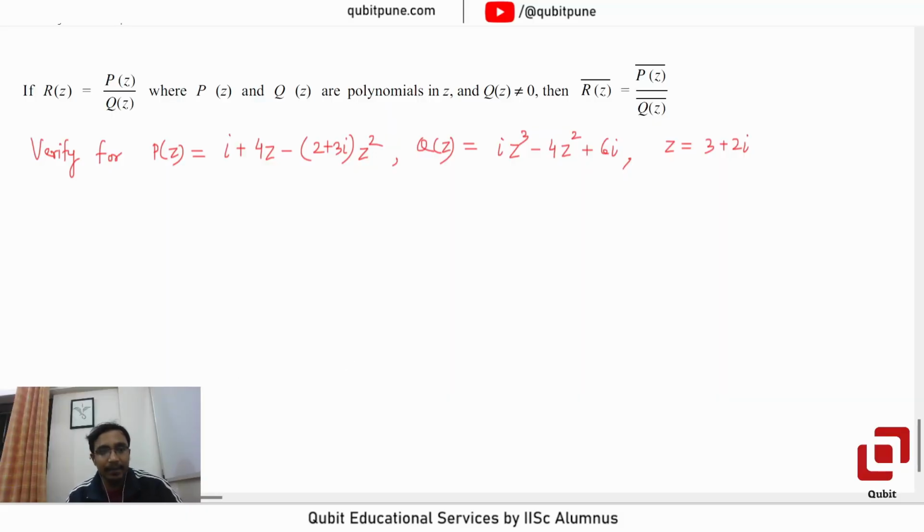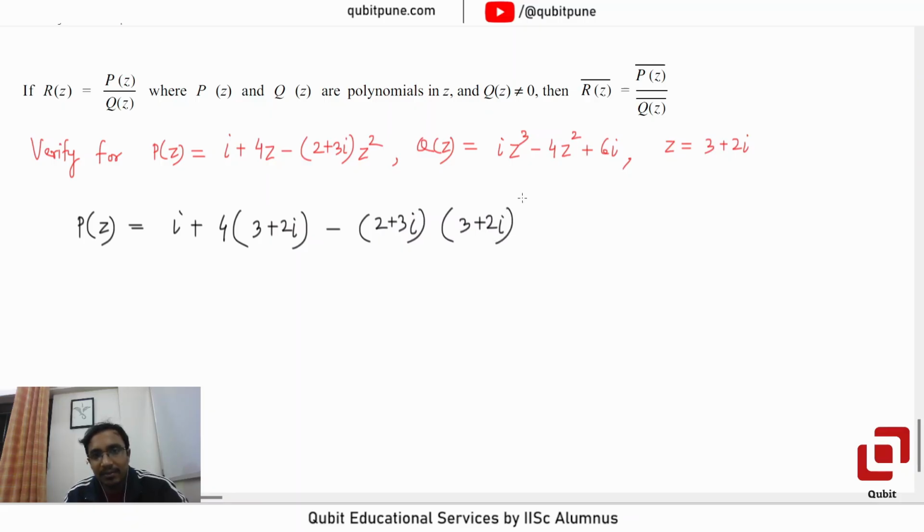Can you help me in writing P of Z? i plus 4 into 3 plus 2i minus 2 plus 3i into 3 plus 2i squared.